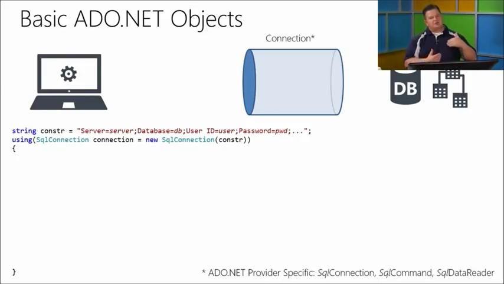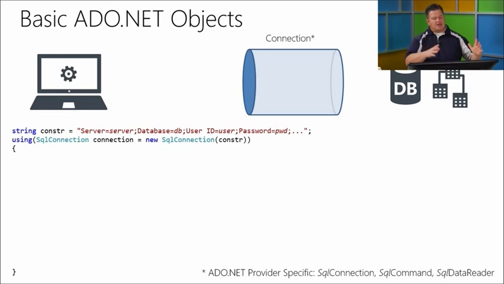And so we want to make sure that when we're done working with that SQL connection, either because we successfully executed all the code, or what if there was an exception and the exception caused us to branch out of the execution, I want to make sure that we close up that SQL connection. And so SQL connection, and really most of the objects that you work with in ADO.NET, are disposable. They implement the IDisposable interface, and the using pattern is a recommended practice when you're working with disposable objects.